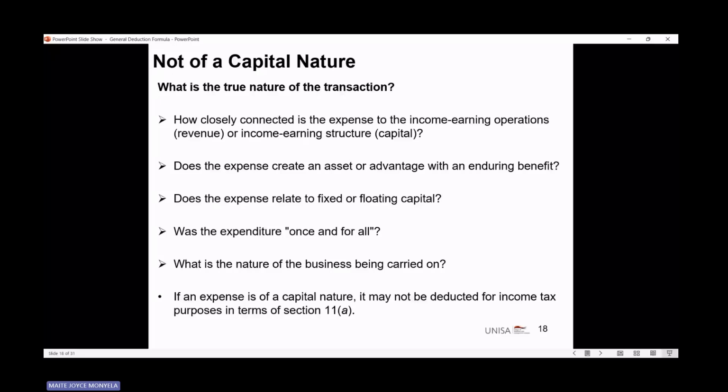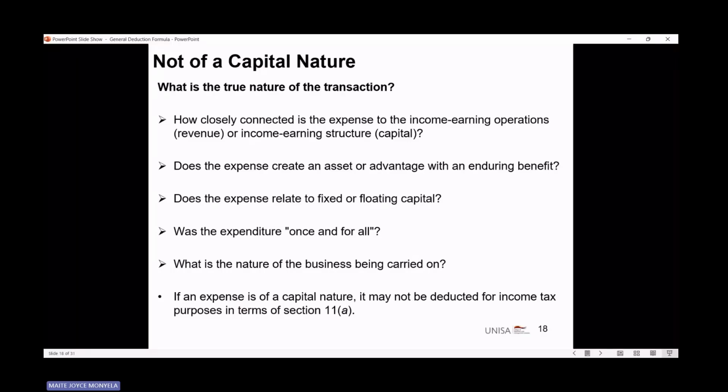Does the expense relate to fixed or floating capital? Was the expenditure once and for all? What is the nature of the business being carried on? Remember, revenue qualifies for deduction and capital in nature doesn't qualify for deduction.